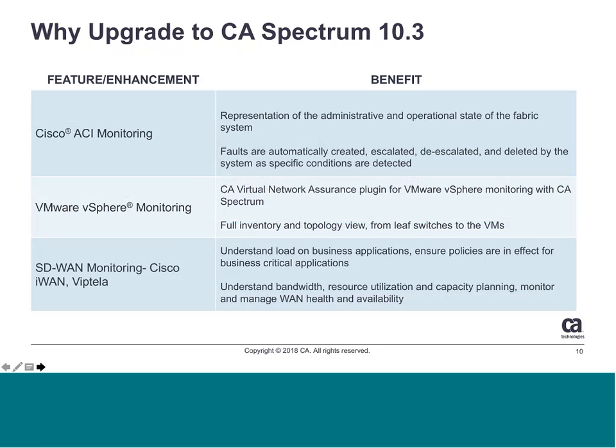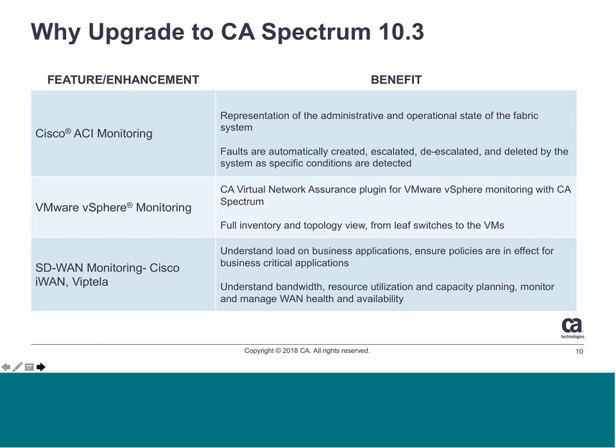So with the CA VNA or the Virtual Network Assurance plugin for VMware vSphere, we are able to monitor the VMware vSphere with CA Spectrum.